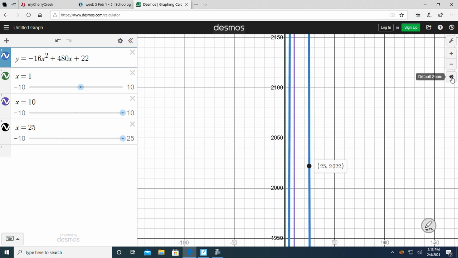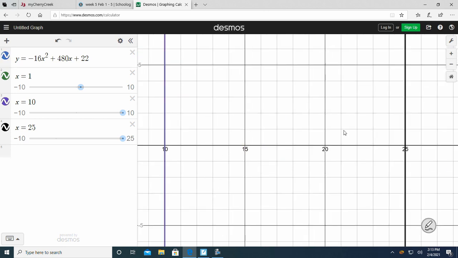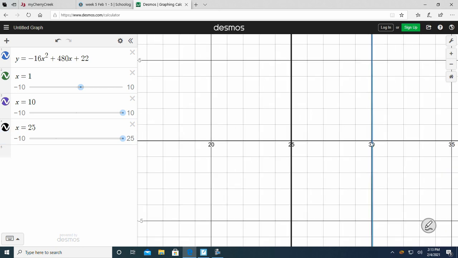And then the last one should be easiest to do. When is it going to hit the ground? When does it hit the ground? Oh wait, I want the blue one, don't I? 30.05, or 30.046 if we want to get all fancy.